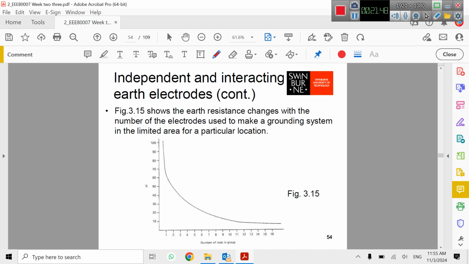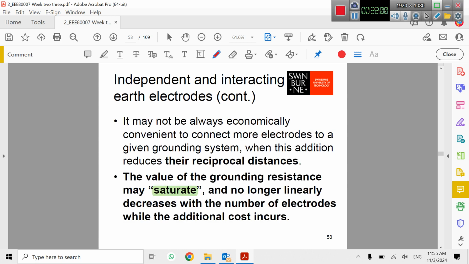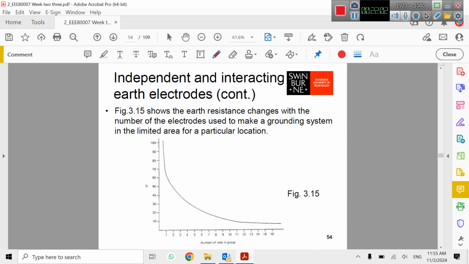So after a few installations, as you can see here, the resistance of the ground is saturated, and there is no need to install any more. Or if you want to increase the cost on the substation, you can install more.